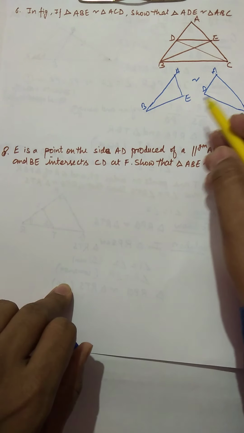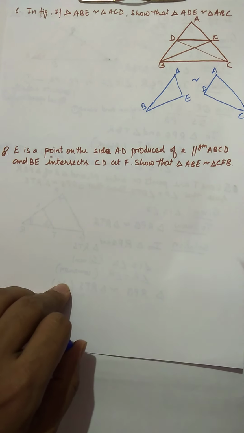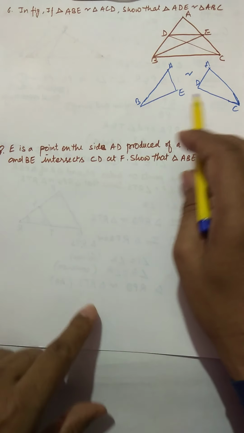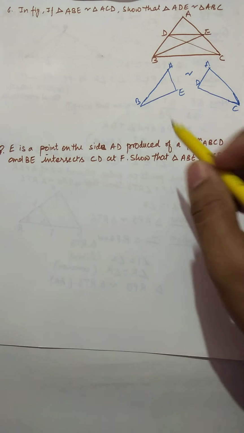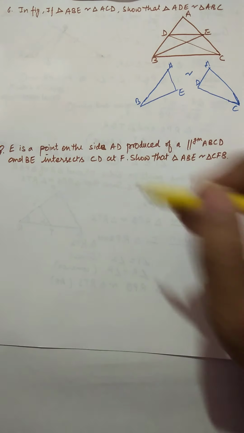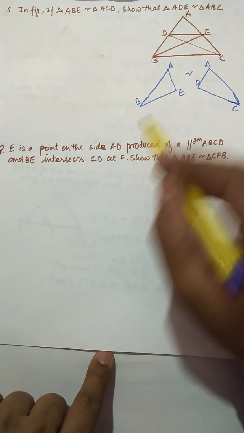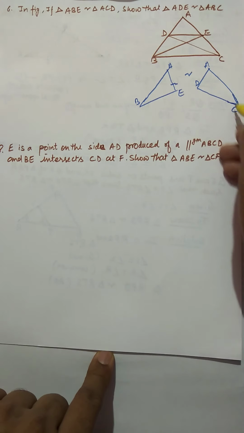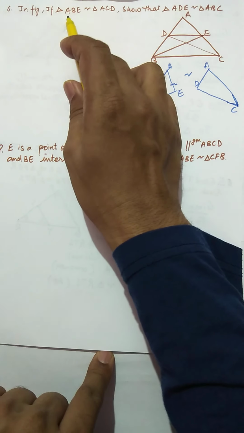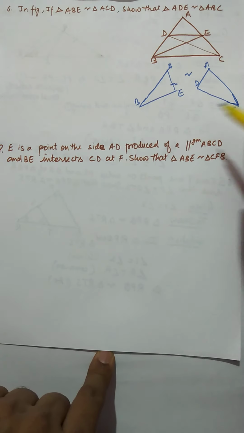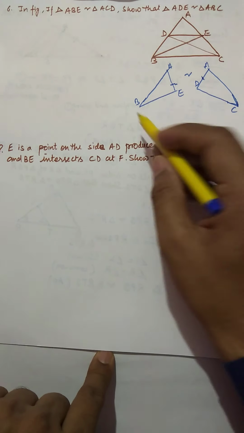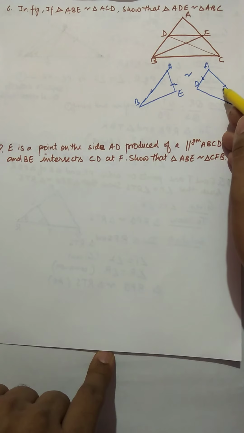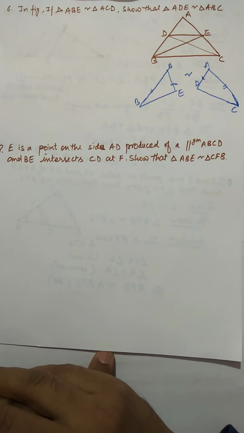So now what we can get from here? So we can make these two triangles separately so that you can understand how you can use this given information. These two triangles are similar. So if I take this side AE, then AE and this AD according to corresponding parts, AE and AD ratio will be equal to AB and AC ratio by CPST, because this is given to us.